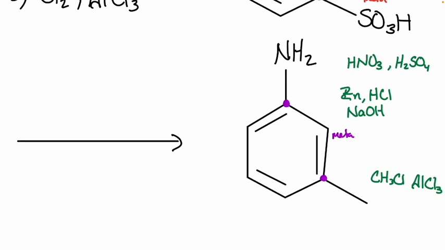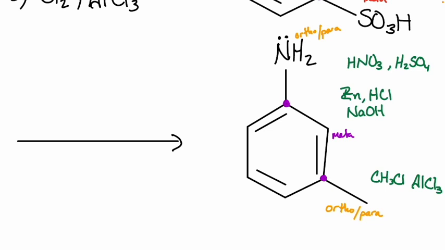But now I have a bit of a problem here, because aniline, or rather this amine group with its benzylic lone pair, is what? This one's ortho para. And what about my alkyl group? Also ortho para. Right? So how am I going to get this reaction where they're actually sitting meta to one another?